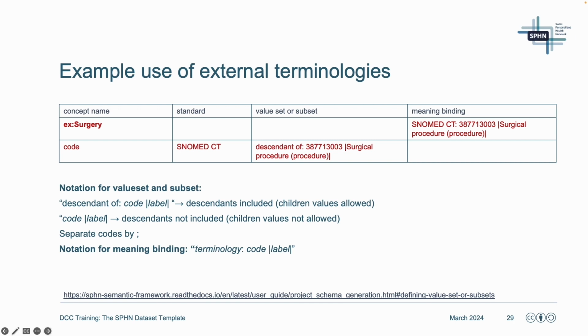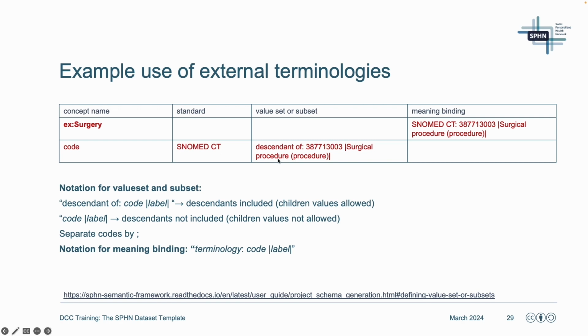But you can also use external terminologies to define values or a subset of values that make sense and that are relevant and accepted as possible values provided for this composed of. So in this example, the surgery has a code that tells you what kind of surgery it is about. And in this case, we use all the codes from the surgical procedure. SNOMED CT, for instance, is a hierarchical terminology.